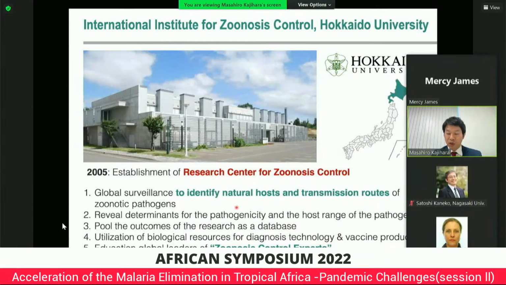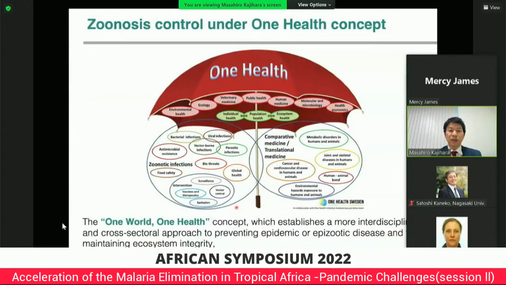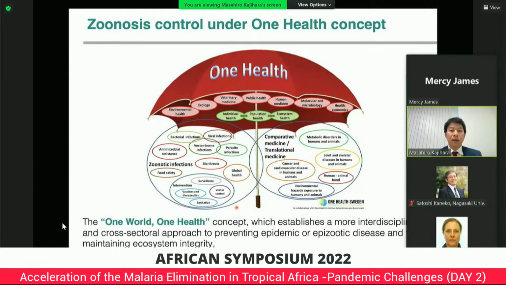As you know, zoonosis control should be conducted under the One Health concept, which is an interdisciplinary and cross-sectional approach to preventing epidemic or exotic disease and maintaining ecosystem integrity.